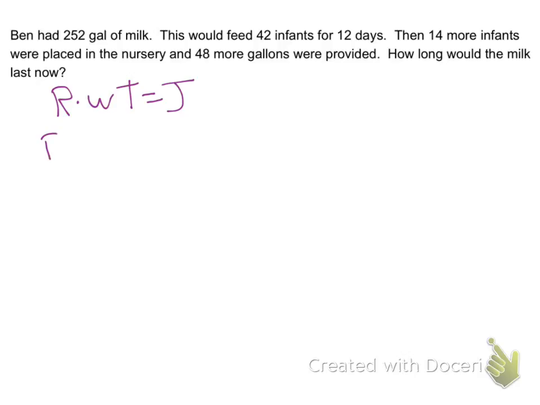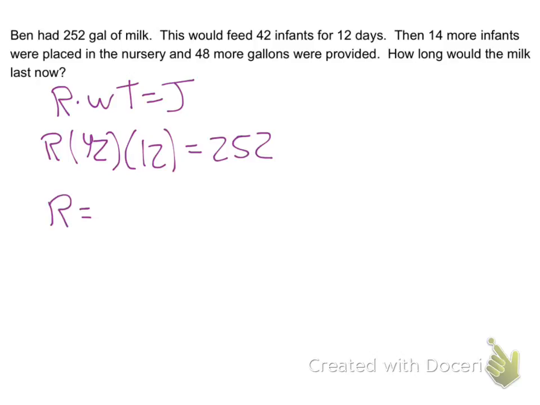So, how many infants are there in the beginning? How much time do they have? 12 days to drink how much milk? Can you solve for R? Yes. Okay, R is equal to what?